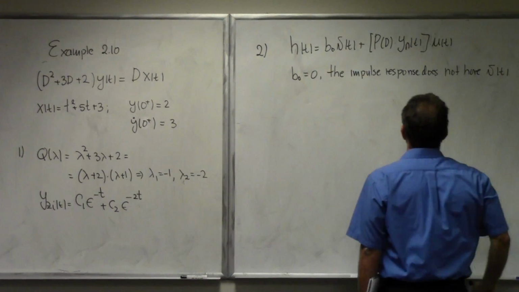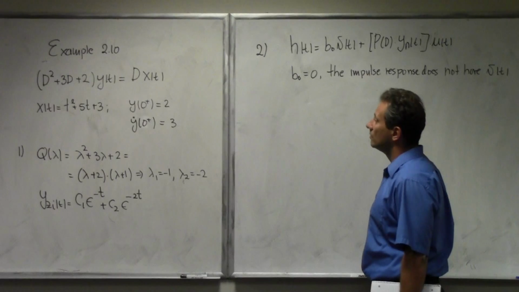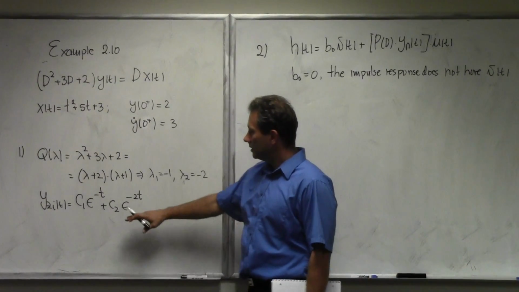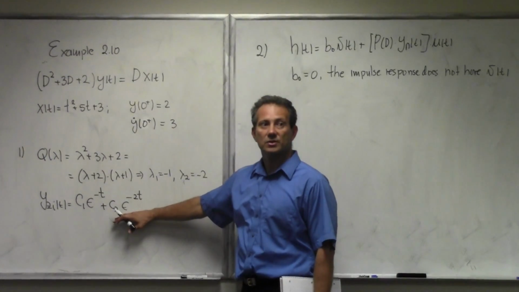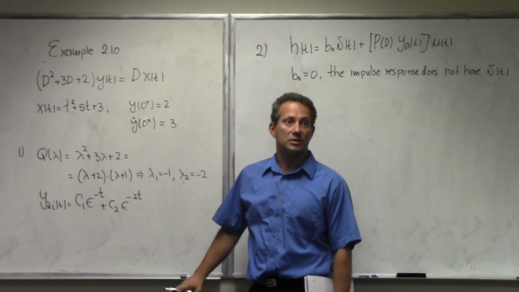Therefore we're going to obtain h of t by differentiating yn of t. Yn of t is obtained as the zero input response for special initial conditions, right?